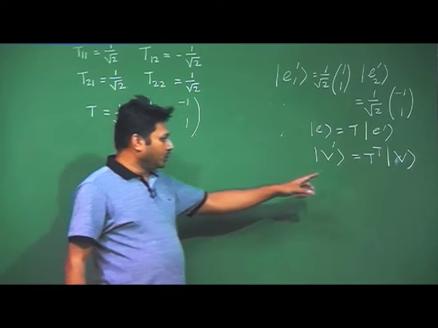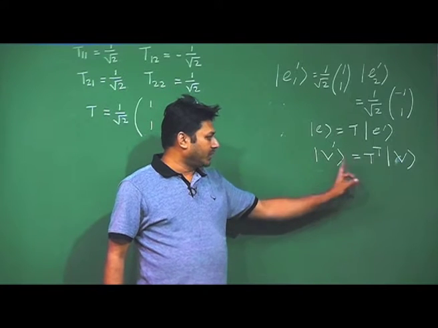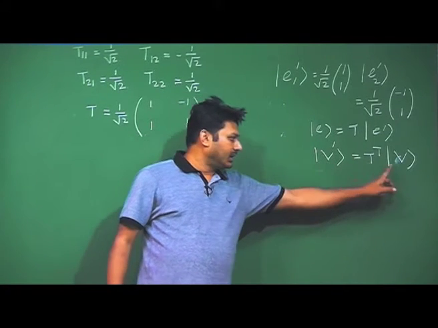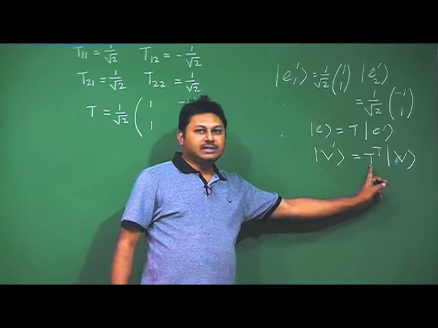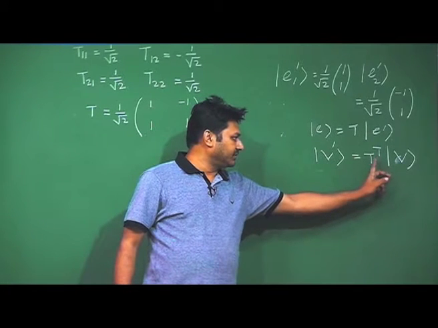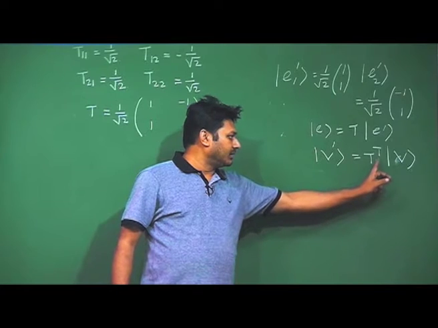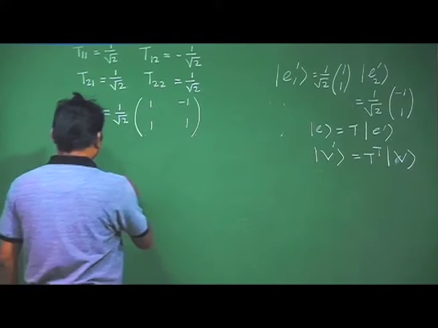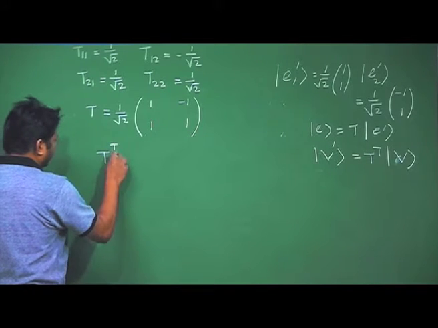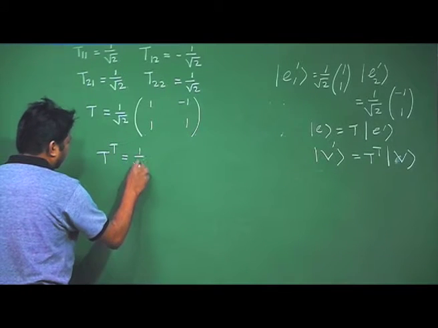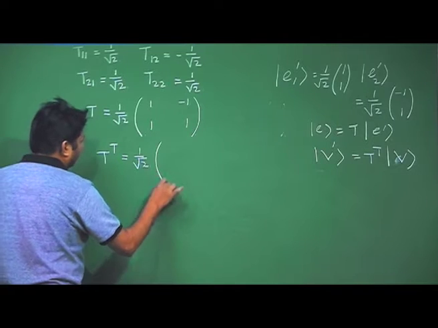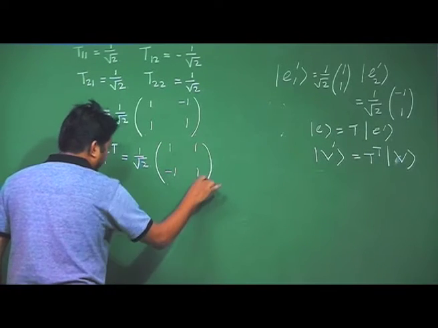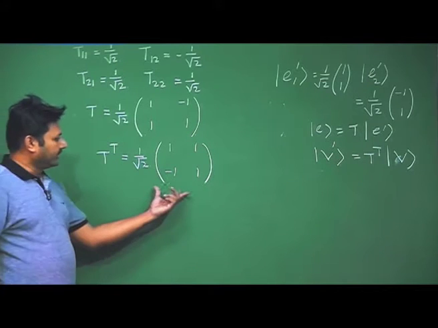Now according to the rule, if I want to find the vector component in the prime frame, I need to multiply T transpose. So let me transpose that. So T transpose will be 1 1 minus 1 1. This is my T transpose.